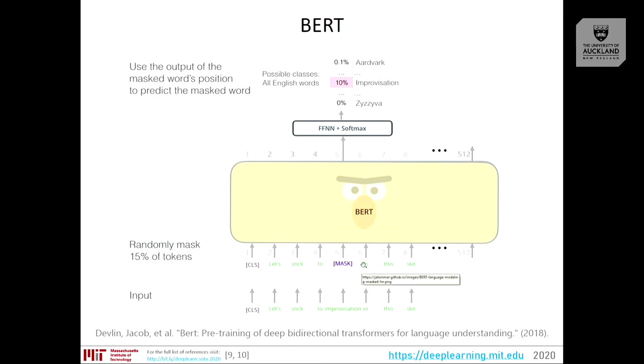You input this to the model, and the model needs to predict this word. So they take millions of texts, a large number of texts, and train these models for days.